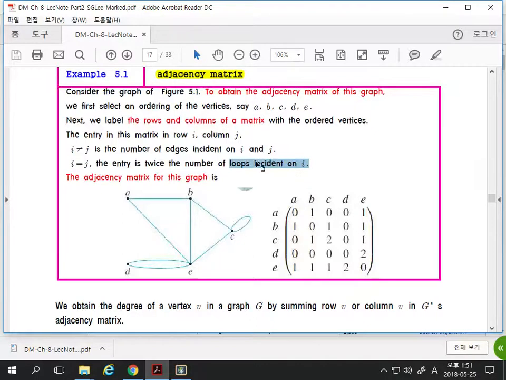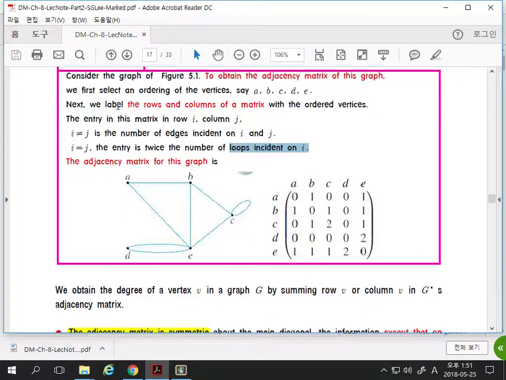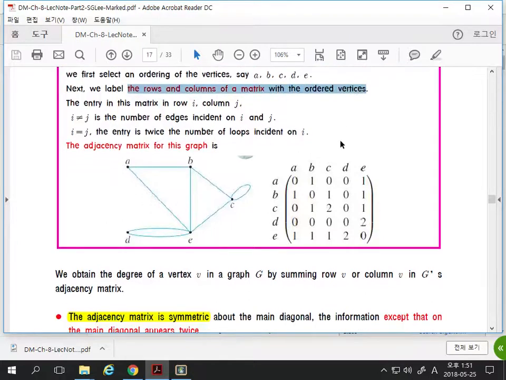Here we label the rows and columns of the matrix with the ordered vertices like this. A to B, we have 1. But A to C, there's no edge, so AC is 0. A to D, no, so 0. A to E, there's one edge, so it has 1 here.